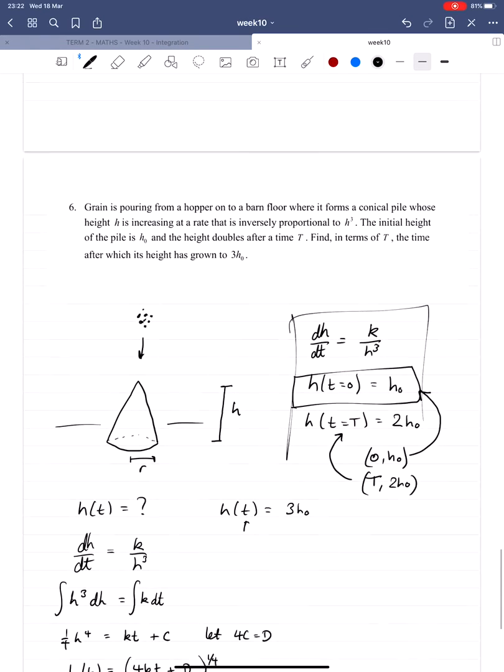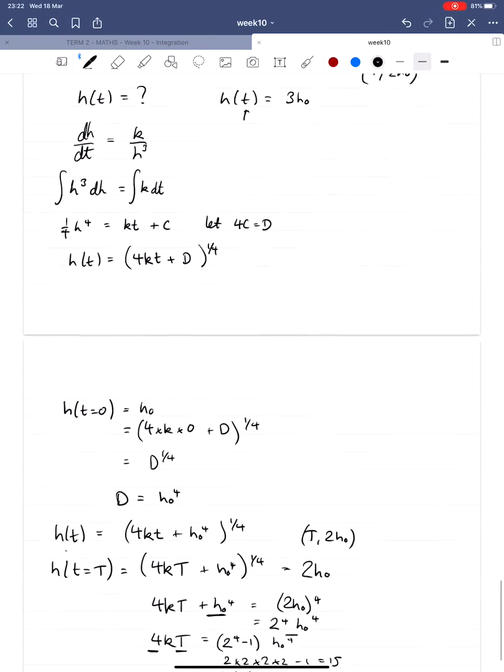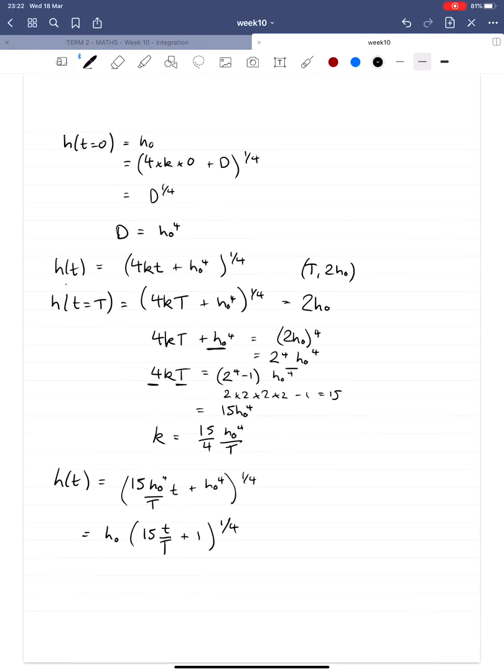So this is where we do a double check. Did the question ask for anything else? It did. Find in terms of T, this is the doubling time, the time after which the height has grown to 3h0. All right, then, we can do that.